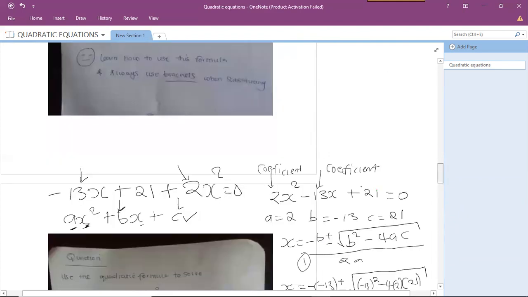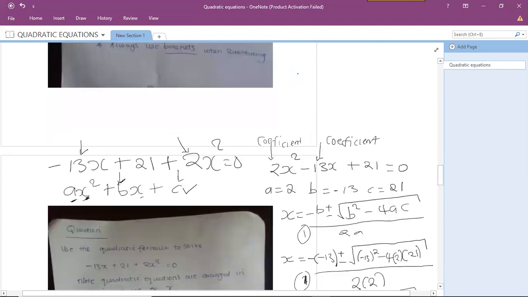So don't be surprised, please, if they remove the x and say 2y squared minus 13y plus 21. It's still a quadratic equation. But instead of x, you're going to say y is equal to minus b plus or minus root of b squared minus 4ac over 2a.